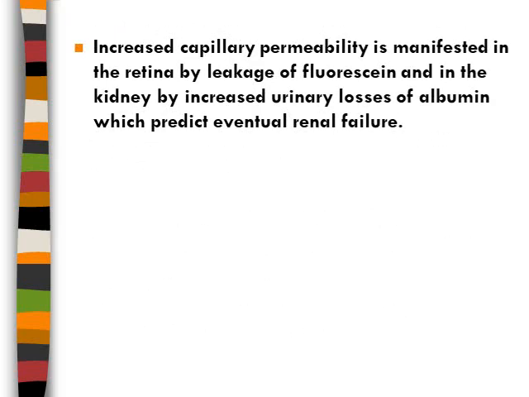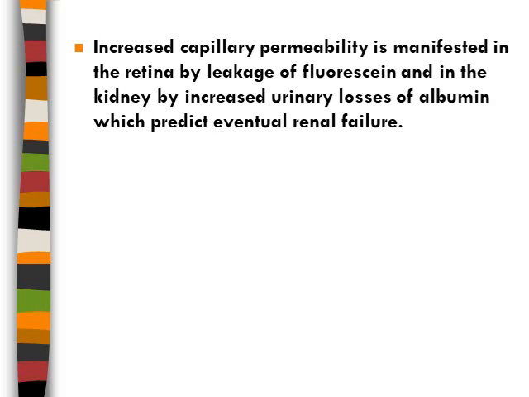Increased capillary permeability is manifested in the retina by leakage of fluorescein and in the kidney by increased urinary losses of albumin, which predict eventual renal failure. And these are the hallmarks which are the basis of the diagnosis of these conditions.